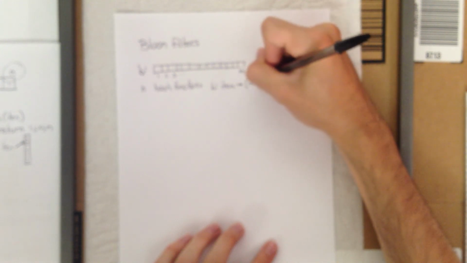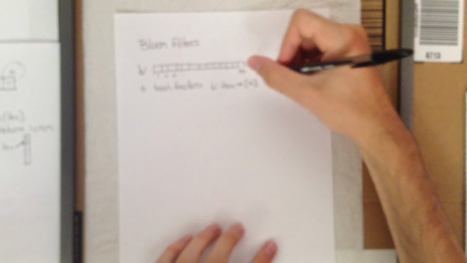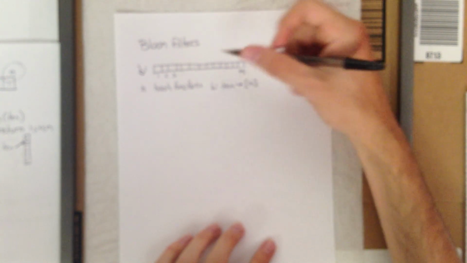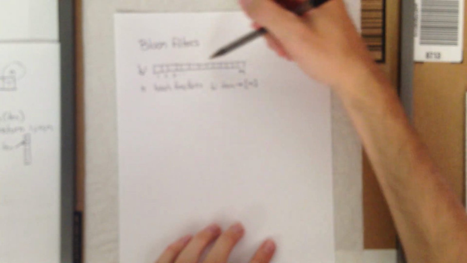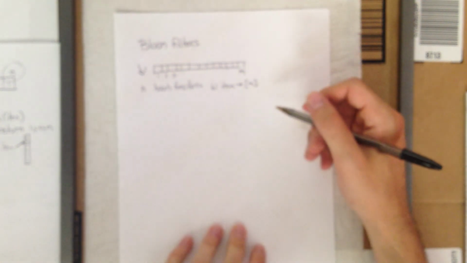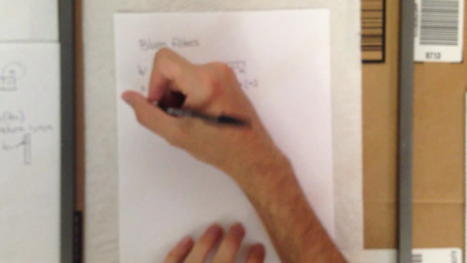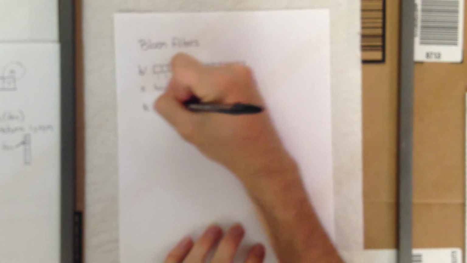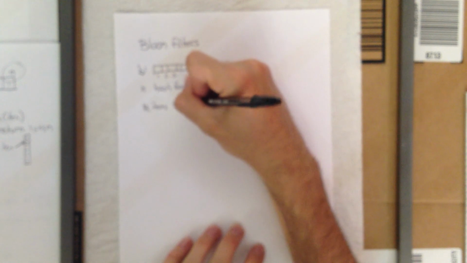The output is one of these indices, one of the squares in the bit array. So this is n hash functions, m bits in the bit array, and let's say that we're going to be adding k items to the Bloom filter.